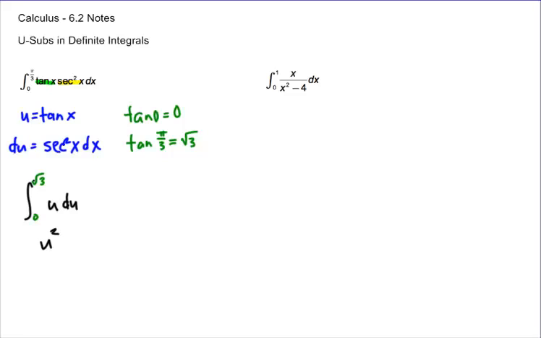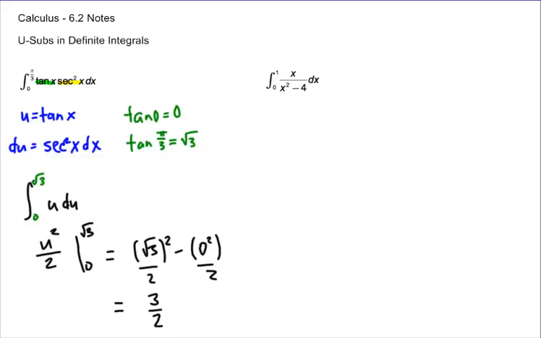So I'm going to have u squared over 2, evaluated from 0 to the square root of 3. This is going to be way easier to deal with. So this gives me square root of 3 squared minus 0 squared, all over 2, and so I end up with 3 over 2. And that's how that one works out. It's a lot simpler then. You don't have to substitute back in.